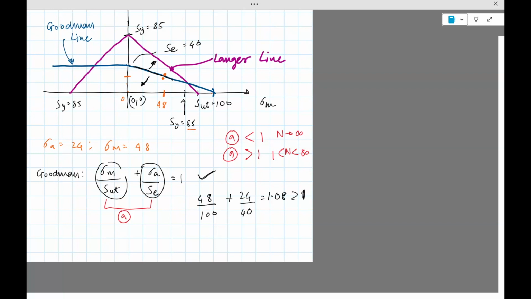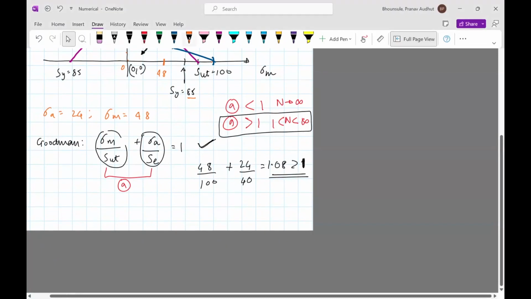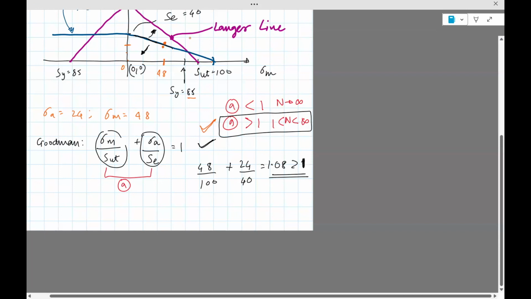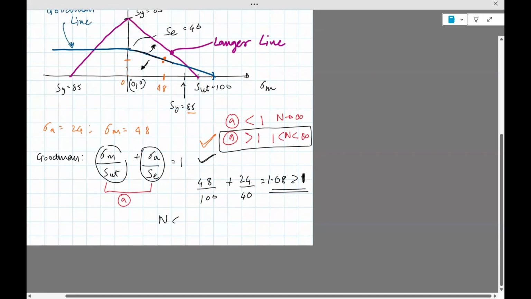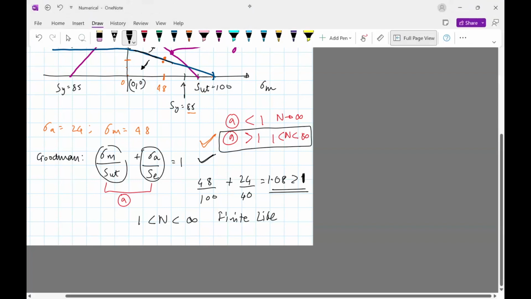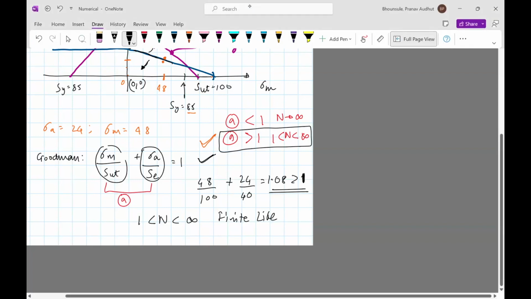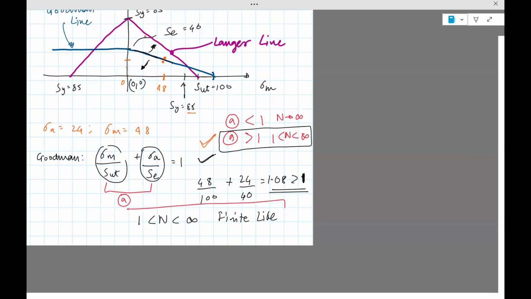So that is clearly greater than 1. So it's this which is true, and so n lies between 1 and infinity. It is finite life, just like what we predicted from the numerical method. That's my answer.